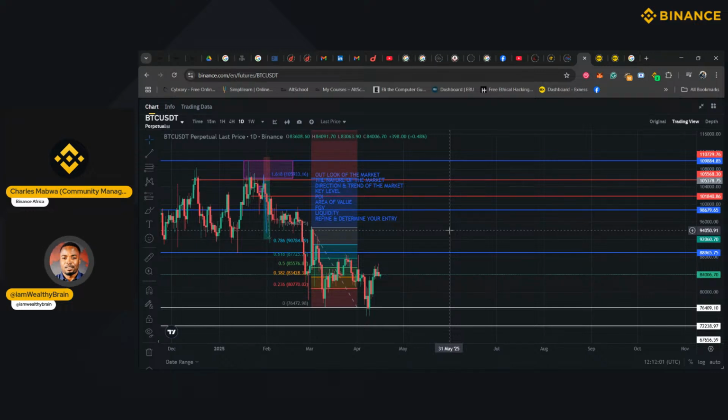Now, when we look into the tokenomics, which is more or less like the engine plan of a project, we look into the supply, demand, the maximum supply, the burning mechanisms, inflation and deflation. What is the preparation plan towards the project?